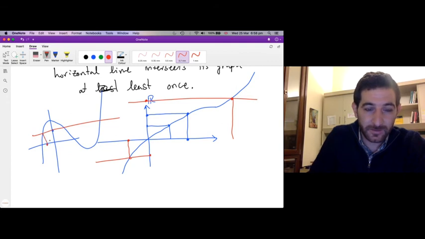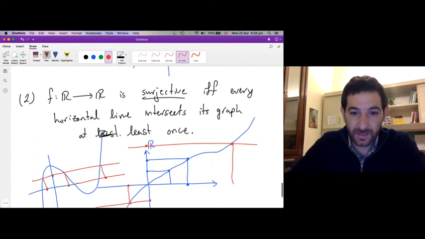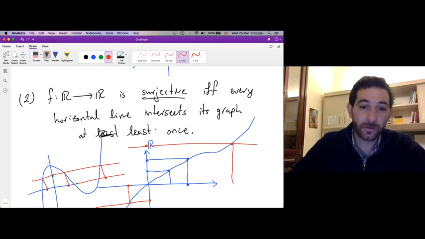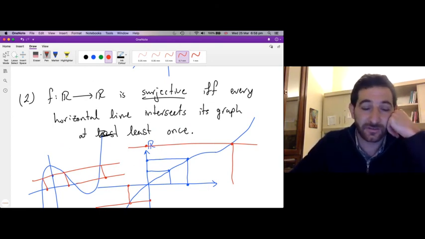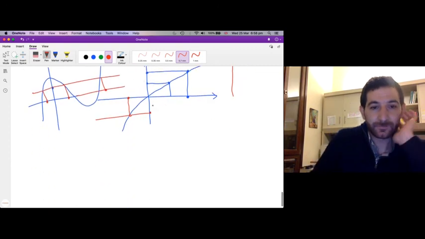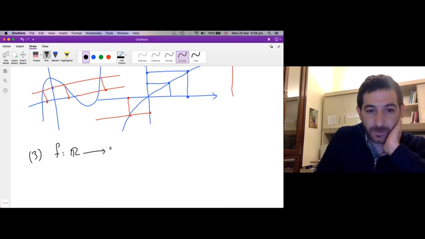This is the first, this is the second, and this is the third. But at least once means that every point in the codomain has at least one pre-image, and this is the definition of surjectivity.